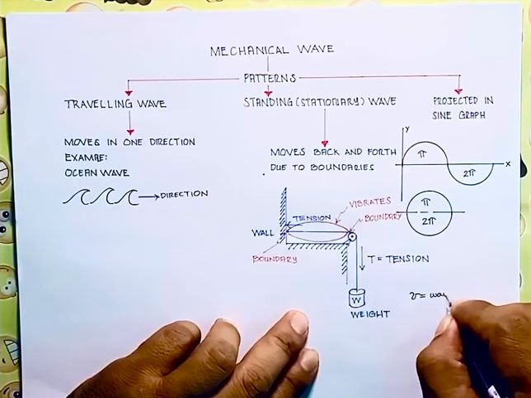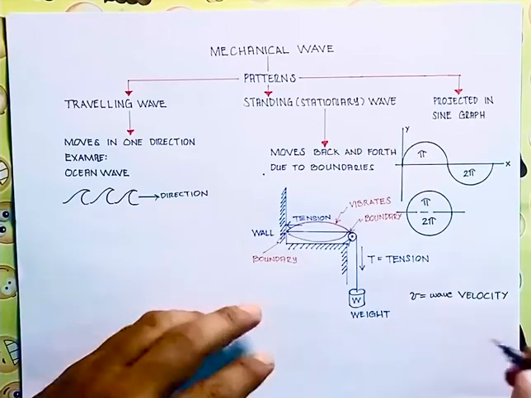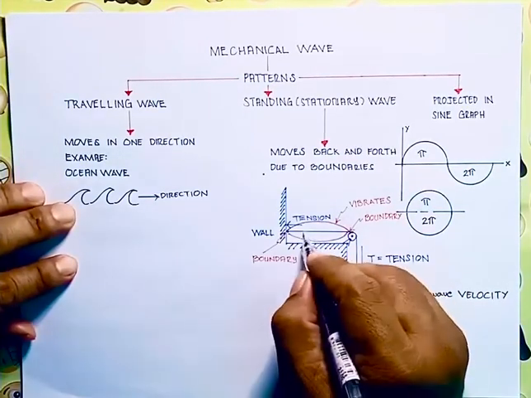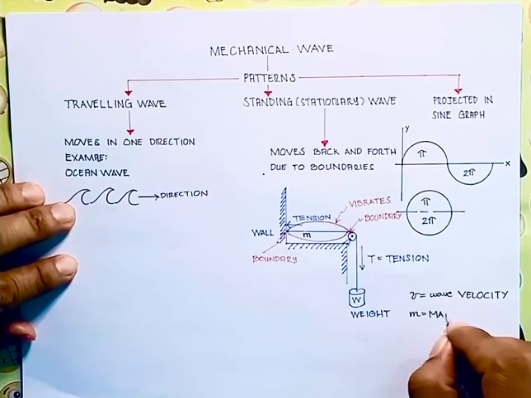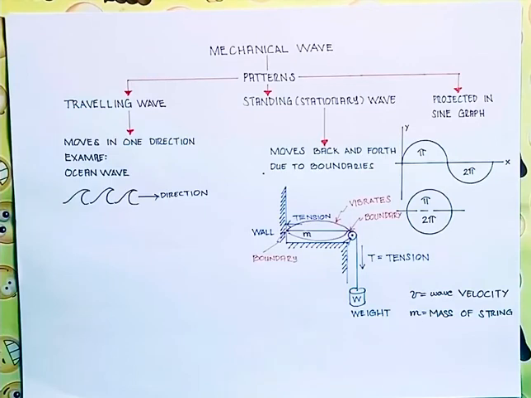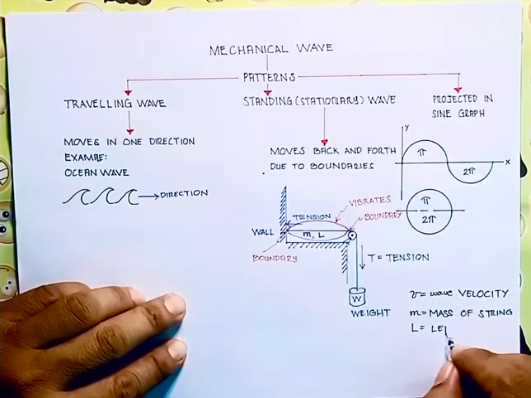So in a standing wave, we can calculate the velocity. But first, we have to identify the mass of the string and, at the same time, the length of the string.